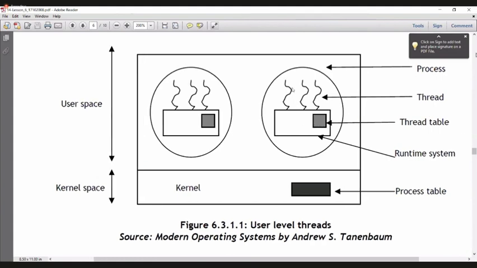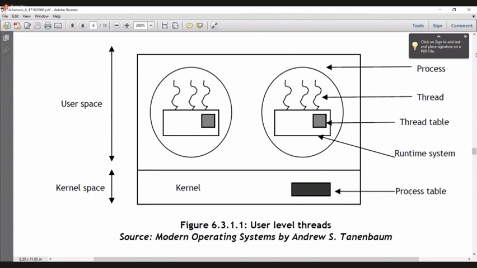Now in one process, since there are many threads, you should have a thread table to identify each thread. So along with the runtime system, you have the thread table. You can have similar other processes in user space.